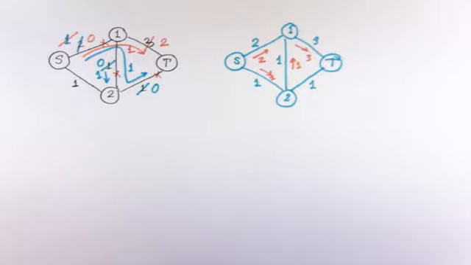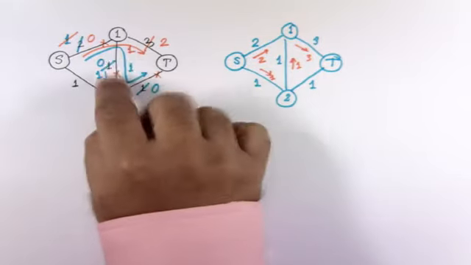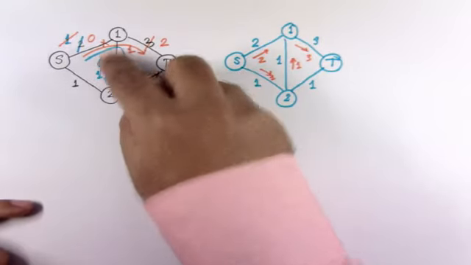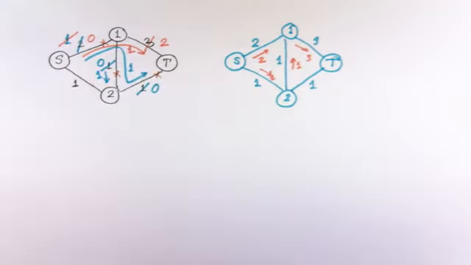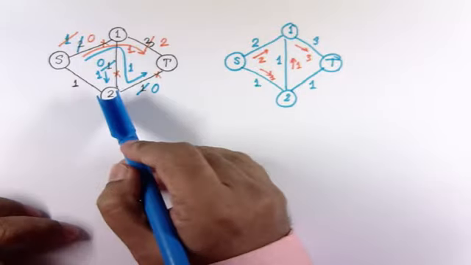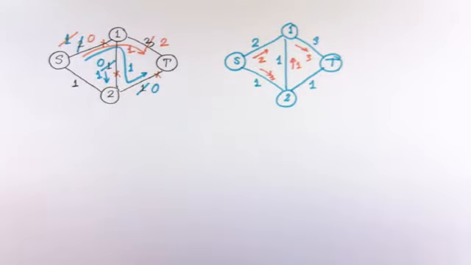You can say that no, what I want is that this flow will not go from 1 to 2, instead there will be a flow from 2 to 1, right?